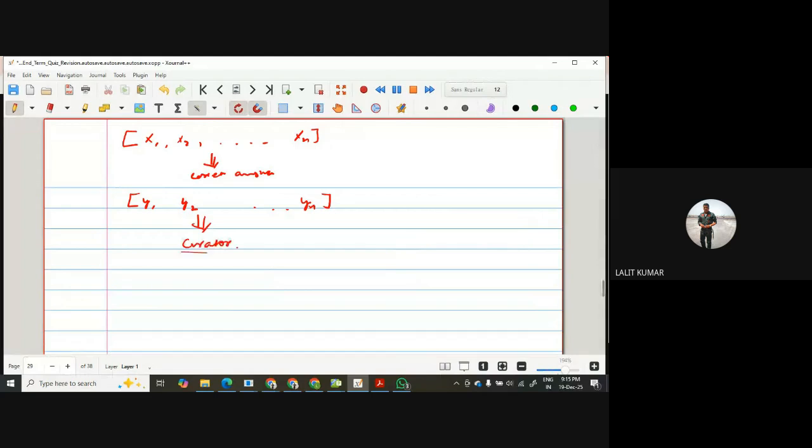Now, if the curator releases the correct average, for example, he comes to know the count of y is around 40%, and he releases 40%.